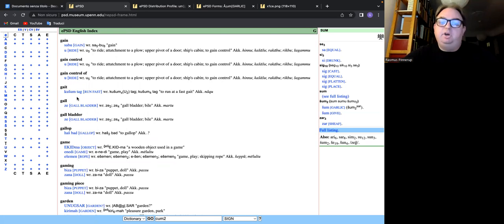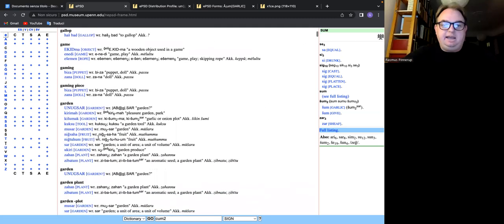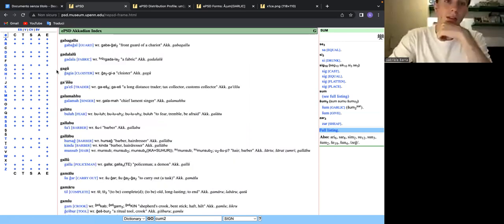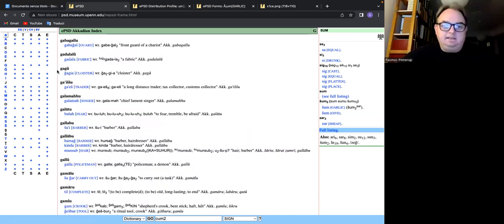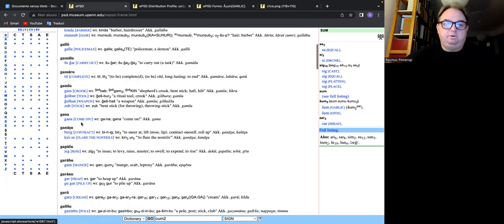So this is a reverse dictionary, going from English to Sumerian. Then I think the A column is for Akkadian. If you know an Akkadian word and you want to know the Sumerian words that are translated by this particular Akkadian term, you go to this column.